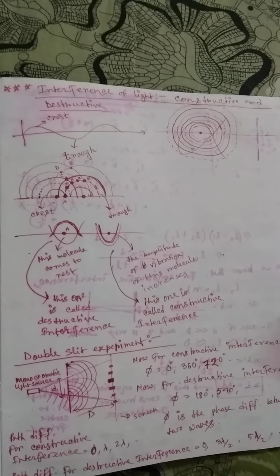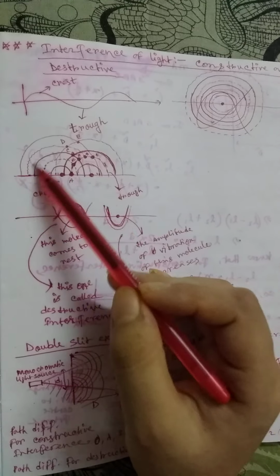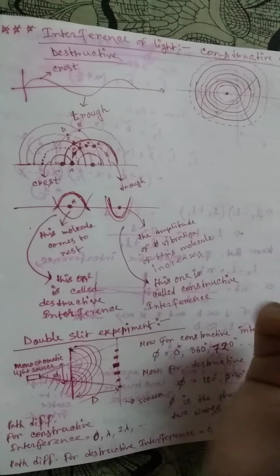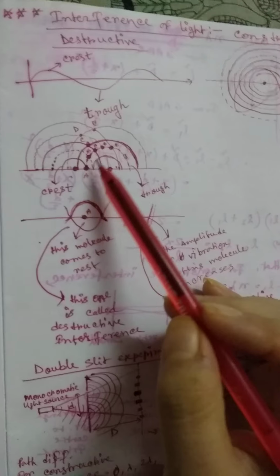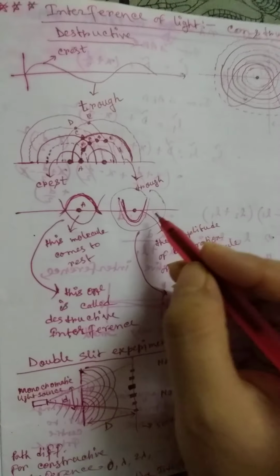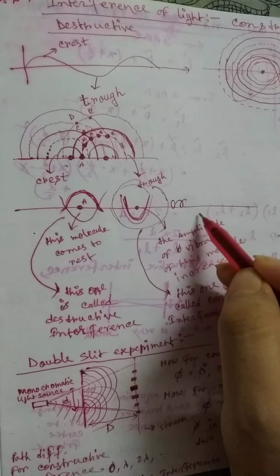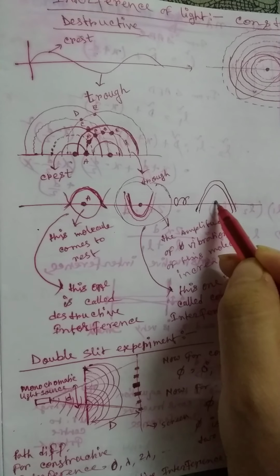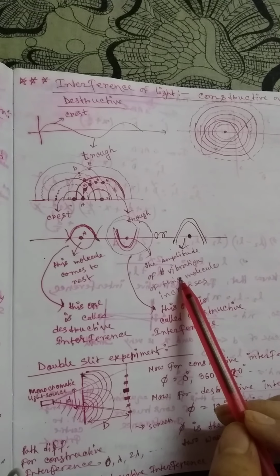If we take two sources, then this source generates waves and this source also generates waves, and we can observe at here these two waves interfere, like this, or like this, or like this. In both cases we can say that this is constructive interference.